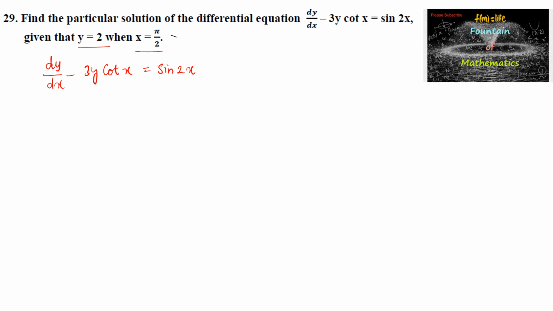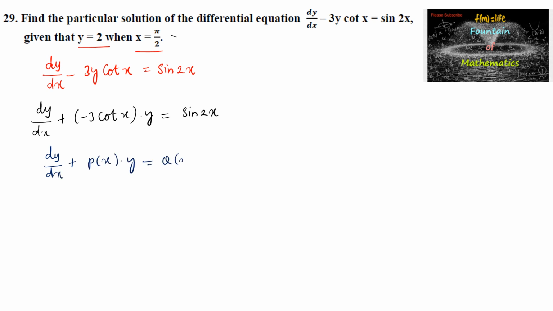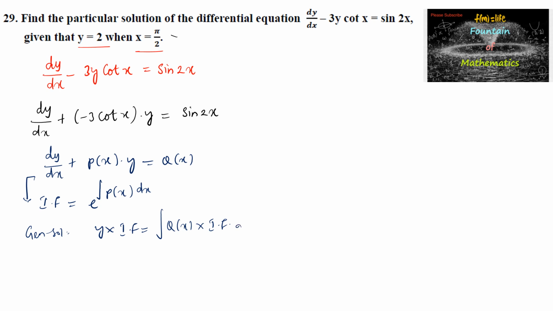The given differential equation we can write as dy by dx plus (minus 3 cot x) into y equal to sin 2x, which is in the form of a linear differential equation dy by dx plus p of x into y equal to q of x, whose integrating factor is e to the power integral p of x dx, and the general solution is y into integrating factor equal to integral of q of x into integrating factor dx plus c.